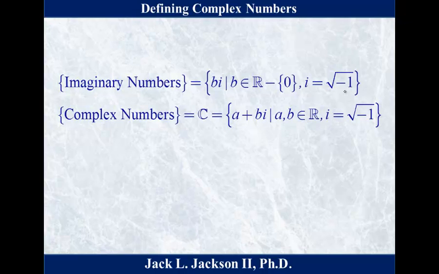And if b is 0, but then a could be anything, we get all the real numbers, and we see that they're a subset of the complex numbers. And if you let a be 0 and b not 0, you get all the numbers that are imaginary numbers. So the imaginary numbers are complex numbers as well, a subset there. And we also have other complex numbers like 3 plus 2i, 4 minus 7i, etc.